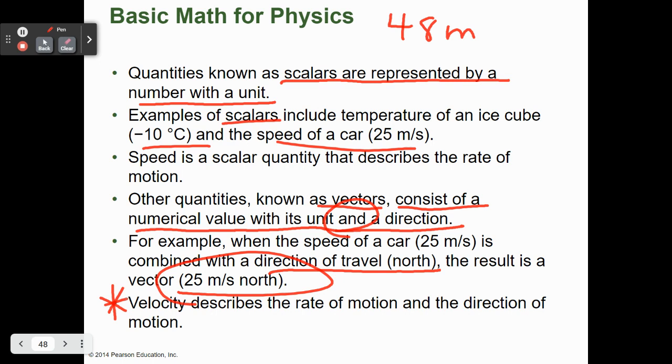We're going to have other types of dimensions that are vector quantities. We talk about different forces, like the force of friction. Those are the two that pop into my head right now. But velocity is specifically how fast you're going and in what direction.